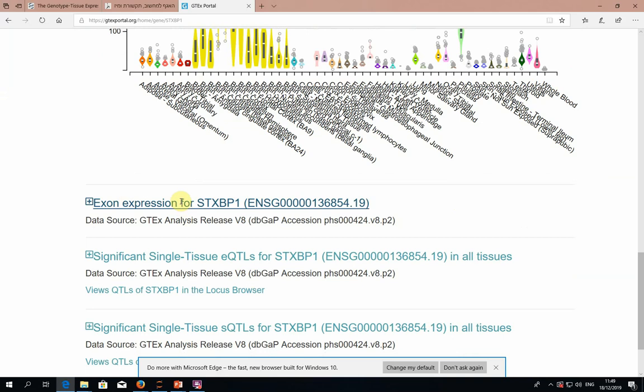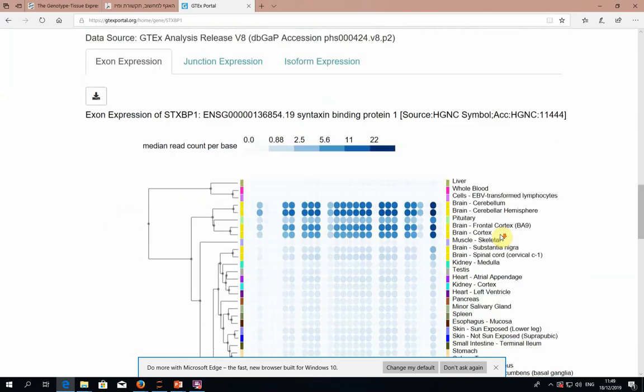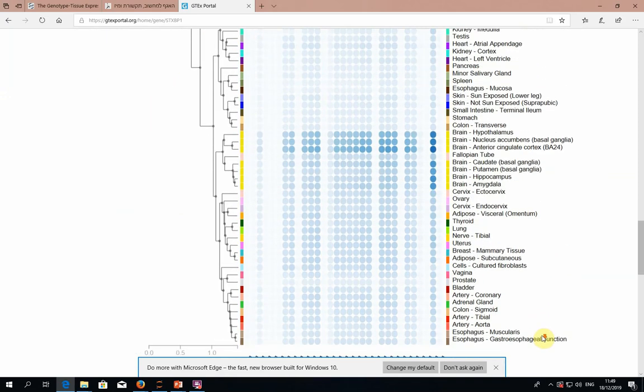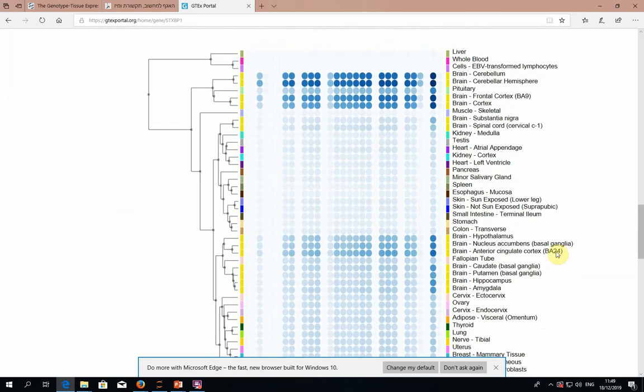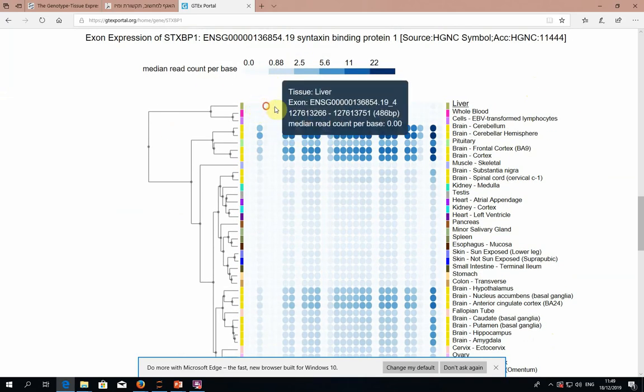Now you can go to the level of the exon expression. The exon expression is shown in each of the 44 tissues, where is the maximal expression according to exon 1, 2, 3, 4.